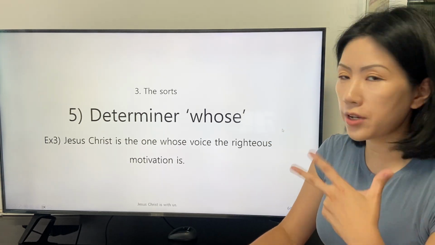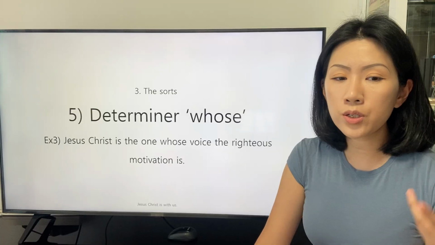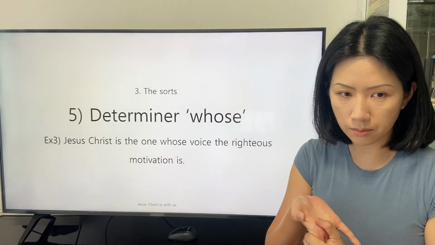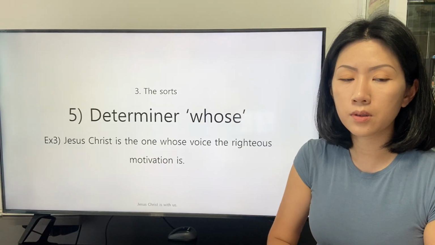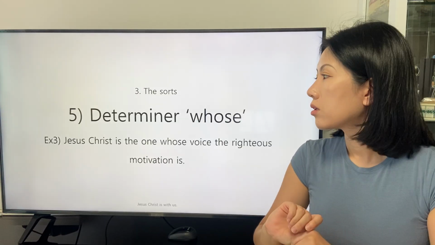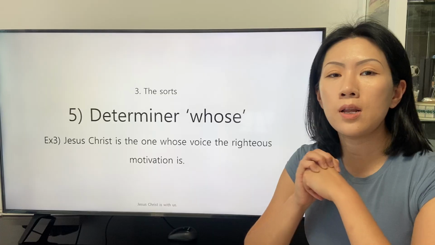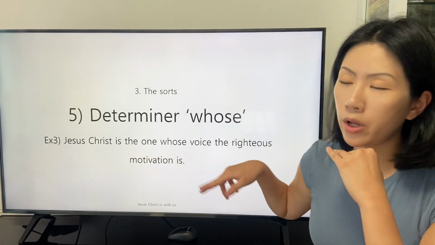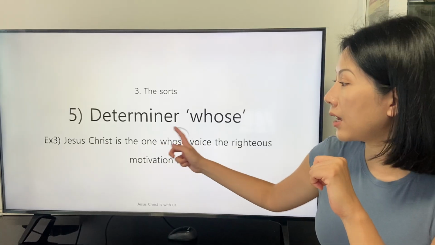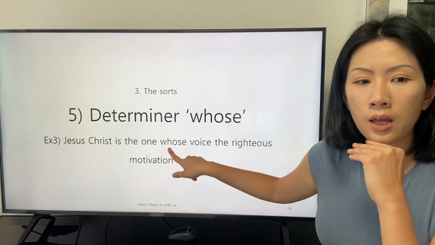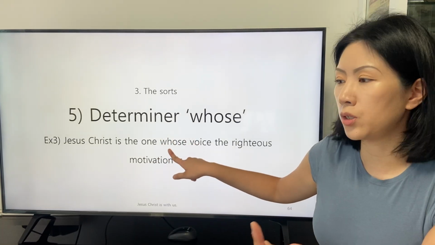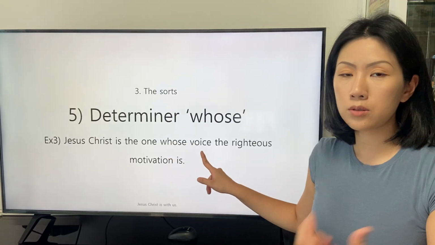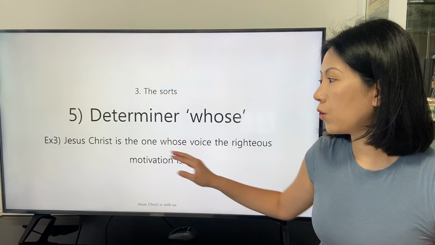And let's go to the third example. Jesus Christ is the one whose voice the righteous motivation is. Let's find the precedent as the one indicated by the determiner whose, and the speaker intends to state about the voice of the one.